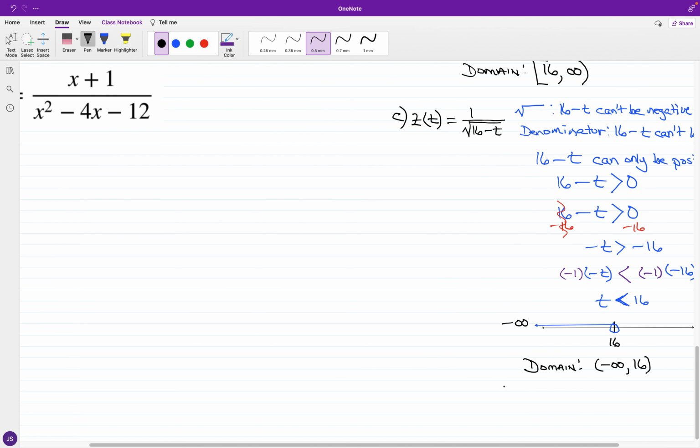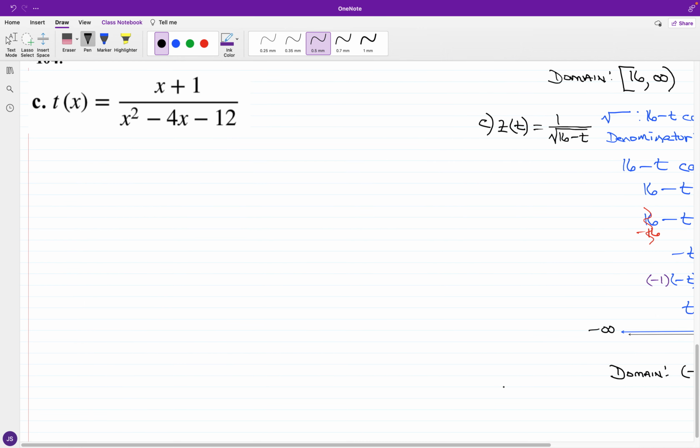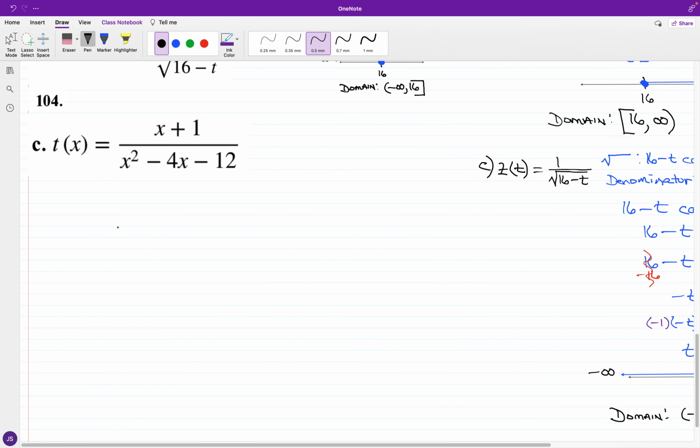Now, for number 104, part C, we have our function t of x, so you have t of x equals x plus 1 all over x squared minus 4x minus 12. So there's no even root radical in this one.